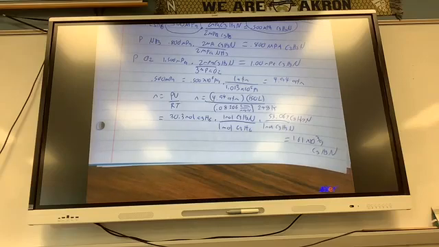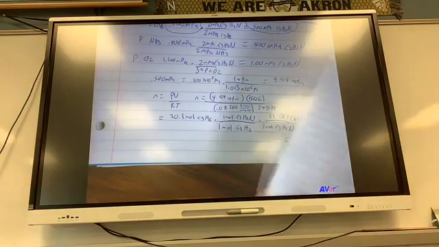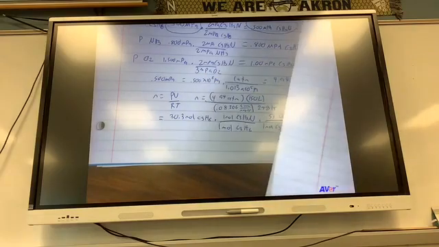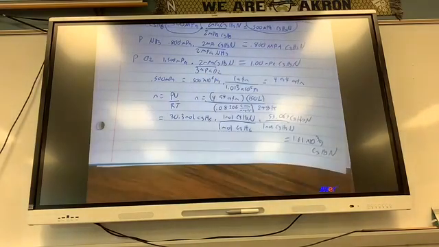How would you do that? So 100, 101? On 100, it's just pressure of helium plus pressure of H2O is 1 atm. So this is just using the ideal gas law.